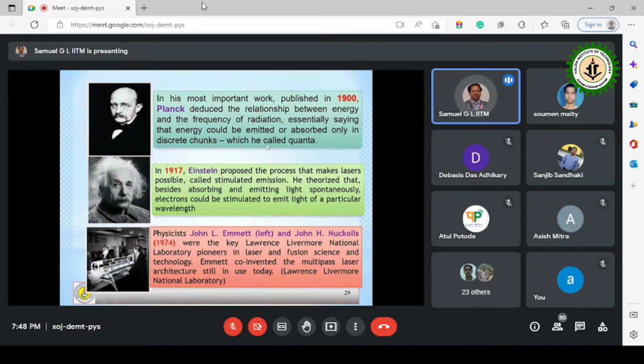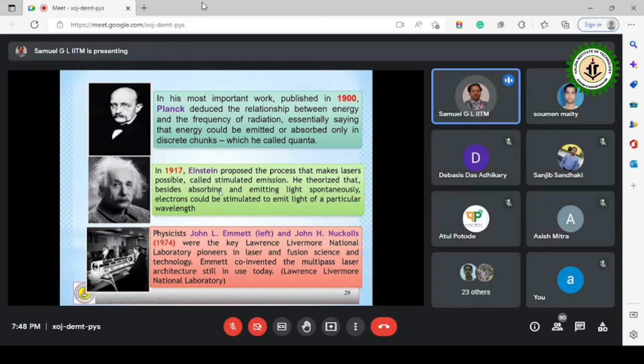Right in 1900 itself, Max Planck said that there is a kind of radiation which is possible, which can be emitted. And then Einstein, right in 1917 itself, gave the theory behind laser production.